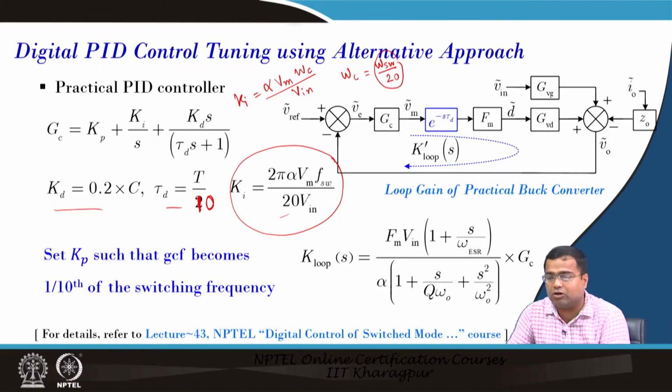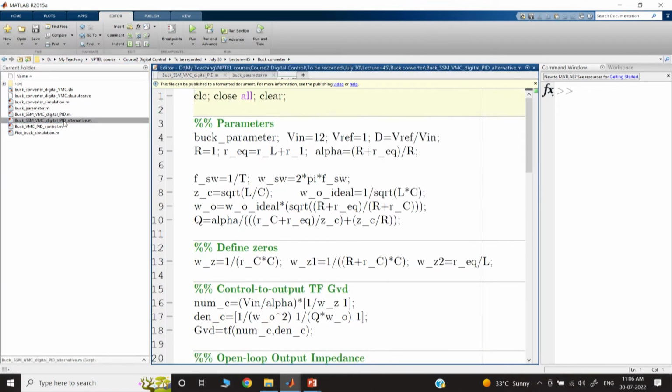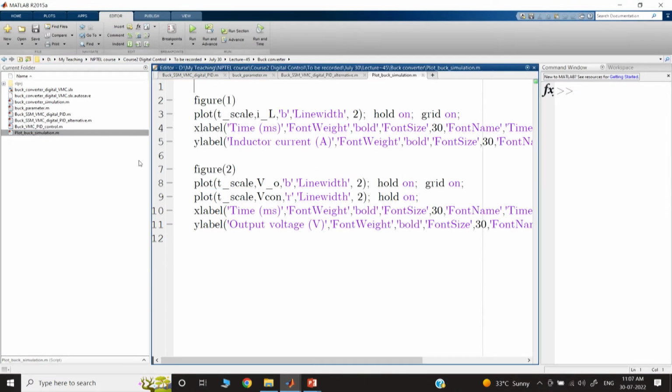So, let us go to the alternative method, and we want to compare the result. We want to plot on top of that to see what the response is. That means we want to compare the response, and we will take this dotted dash line to see the response.